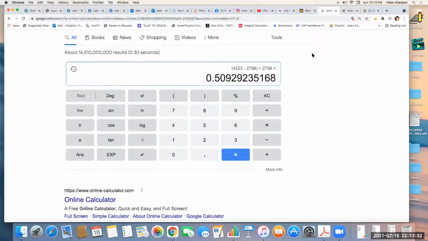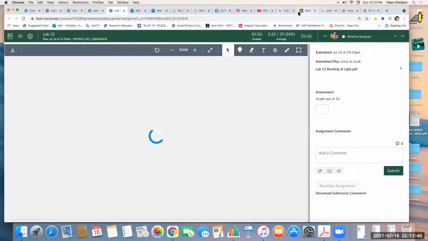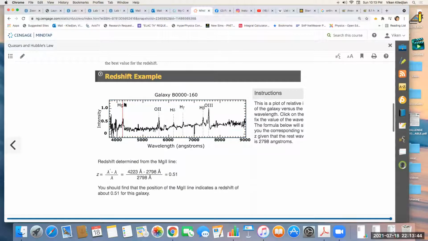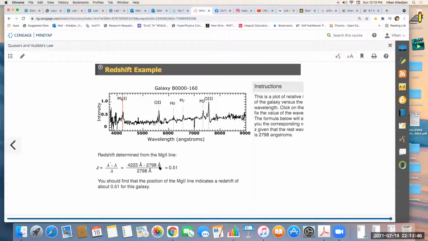That gives 0.509. Yeah, that's 0.51. So that's how they're getting it. So basically you're saying the new wavelength minus the rest wavelength, if that galaxy wasn't moving at all, divided by the rest wavelength.